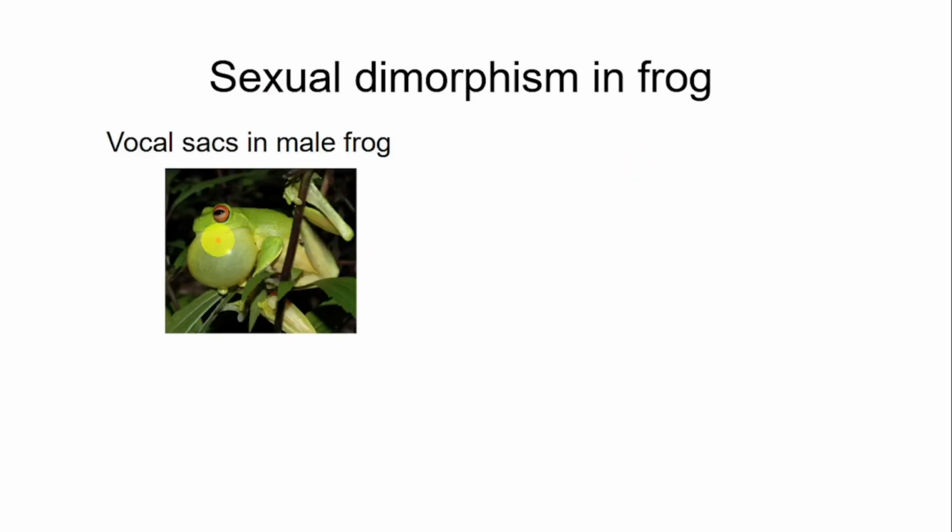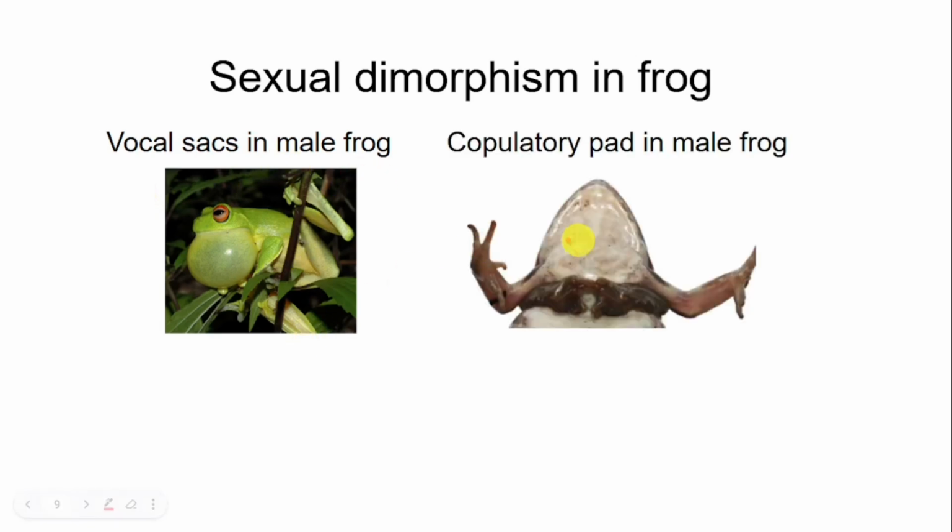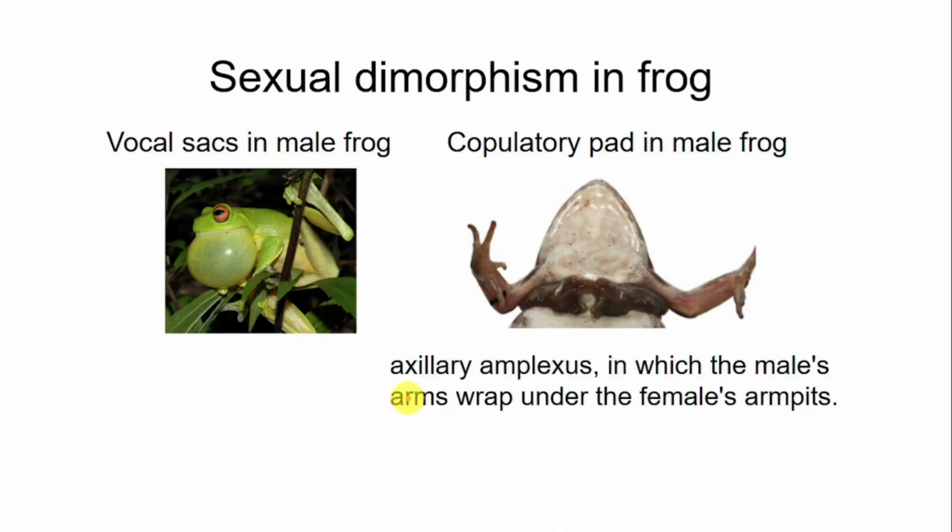For sexual dimorphism in frog, 2 features which you need to remember. One is the vocal sacs in male frog, and the other one is the copulatory pad. So the first digit is important. It is also called the nuptial pad. This position is called axillary amplexus, in which male's arm wrap under the female armpits.